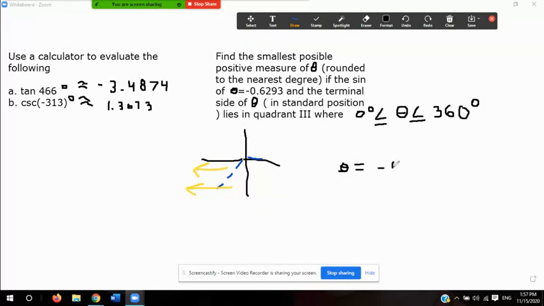And we're going to look for the inverse sine. We do that in our calculators. We're going to find the angle, and then we're going to use that angle to find the terminal side. So the first thing is to find the inverse sine.